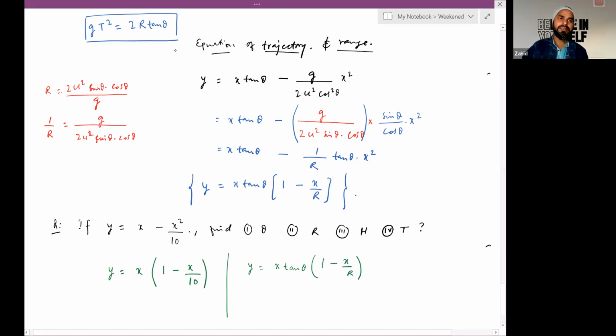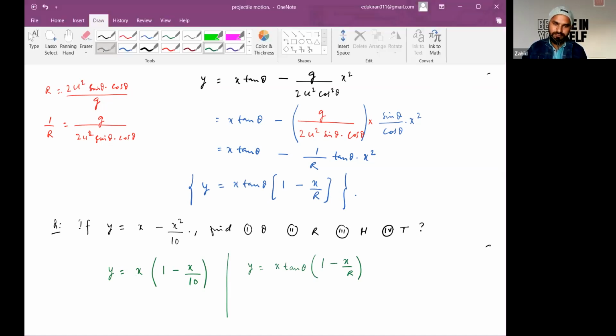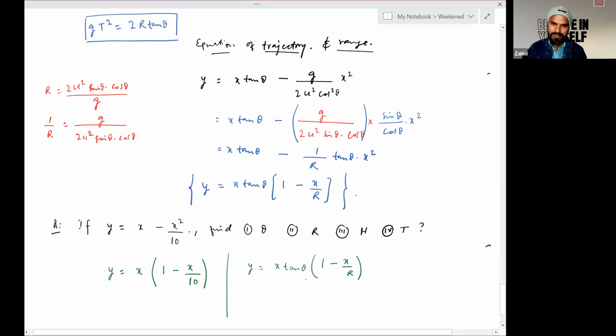Just see in this part, we have x times tan theta outside of the bracket, or you will say the coefficient of x is tan theta. Similarly, in this expression, we have only x. So if you equate these two terms, tan theta will be equal to just 1.